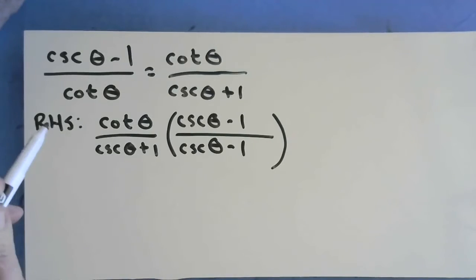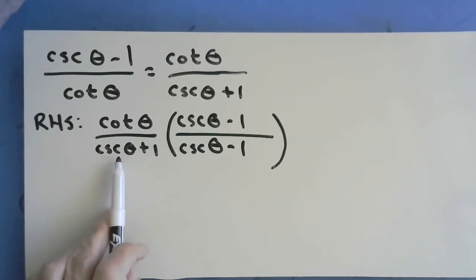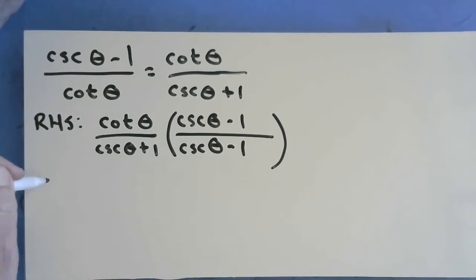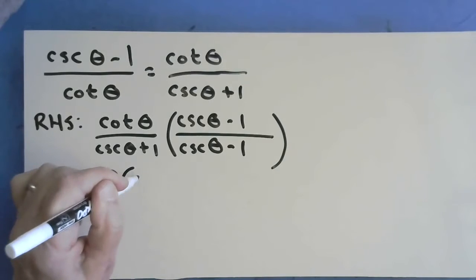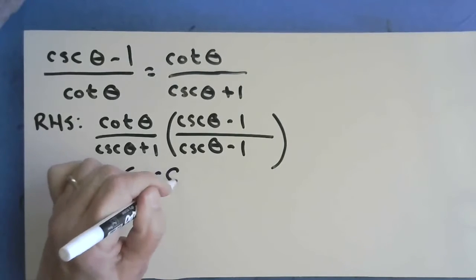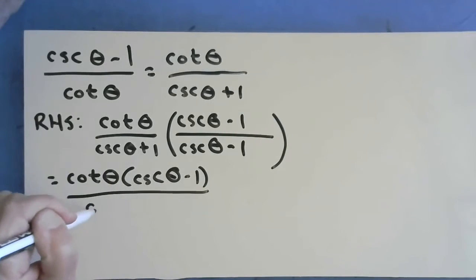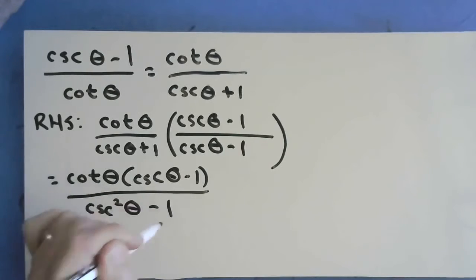And what that does is it's going to turn our denominator into, when we multiply it out, the difference of two squares. So we get cotangent theta times cosecant theta minus 1. And when I multiply the denominator, I get cosecant squared theta minus 1.